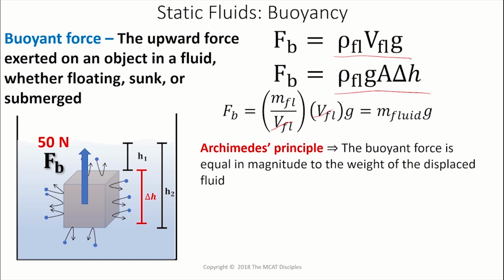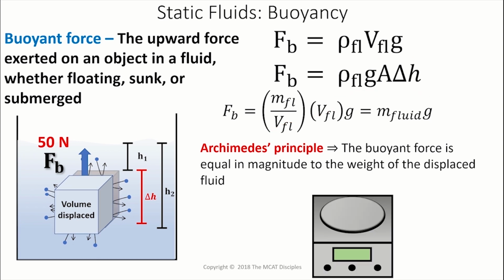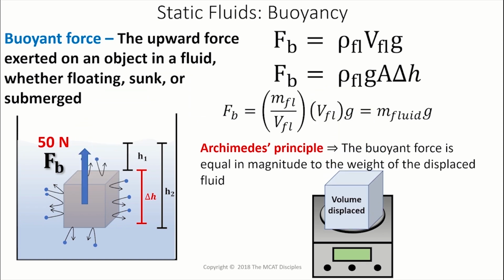That means that if you have a buoyant force of 50 newtons, for example, and you take the volume of fluid that was displaced, which in this case is equal to the volume of the object that took the place of the fluid, and you weigh it on a scale, that scale is going to read 5 kilograms, which multiplied by gravity, 10 meters per second squared, gets you 50 newtons.